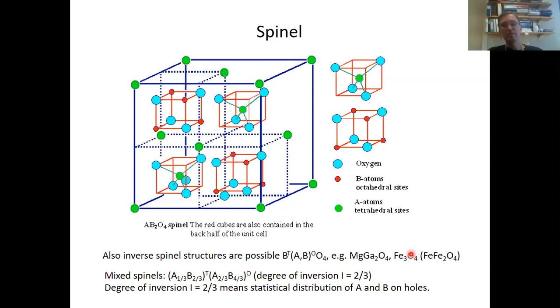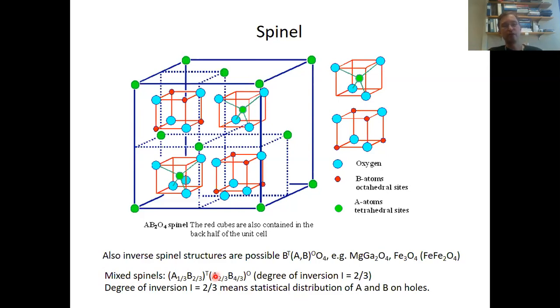Now, oftentimes, however, A and B have similar affinities. Okay, and then you get what is called the mixed spinels. In the most extreme case, the affinities are the same, and there's a statistical distribution over the atoms A and B over the tetrahedral holes and the octahedral holes, respectively.